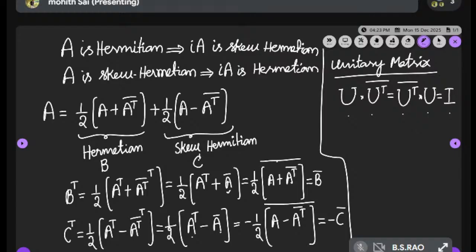I told you in the morning. A unitary matrix is the generalization of orthogonal matrices in complex matrices.